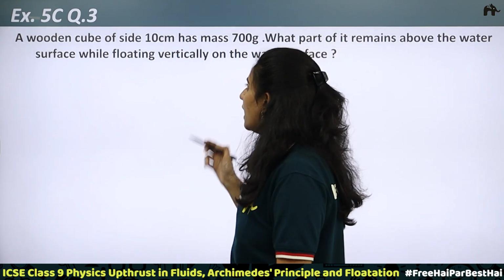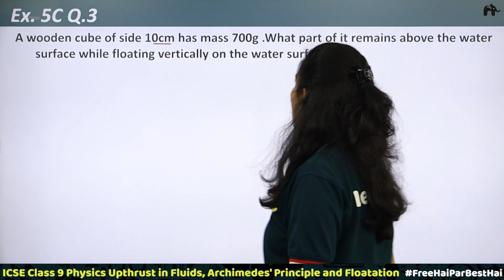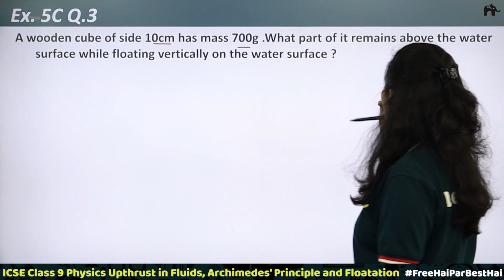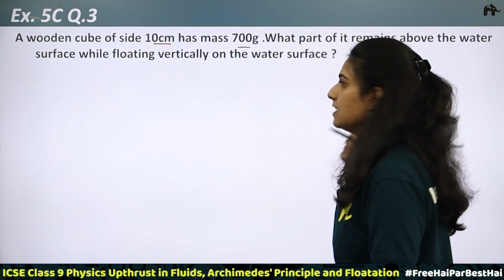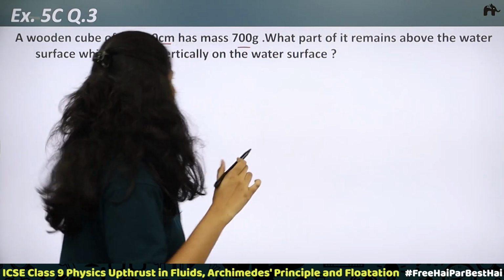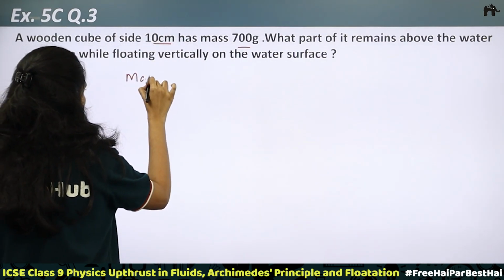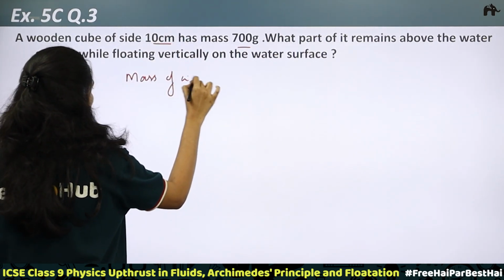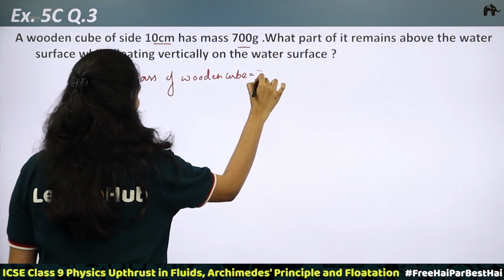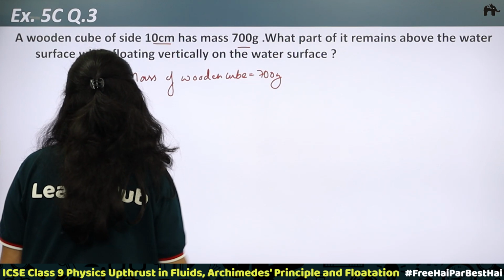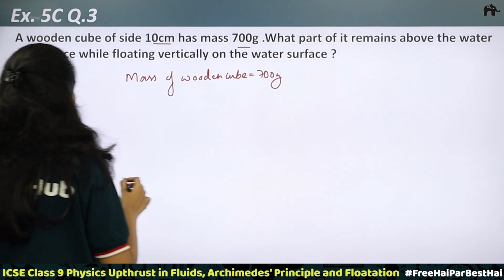Question 3 of exercise 5C. A wooden cube of side 10 cm has mass 700 gram. What part of it remains above the water surface while floating vertically on the water surface? So here we are given the mass of the wooden cube equal to 700 grams. What else is given?